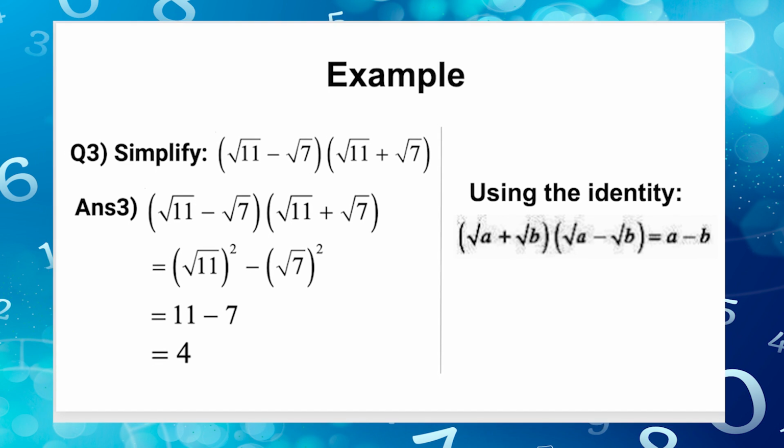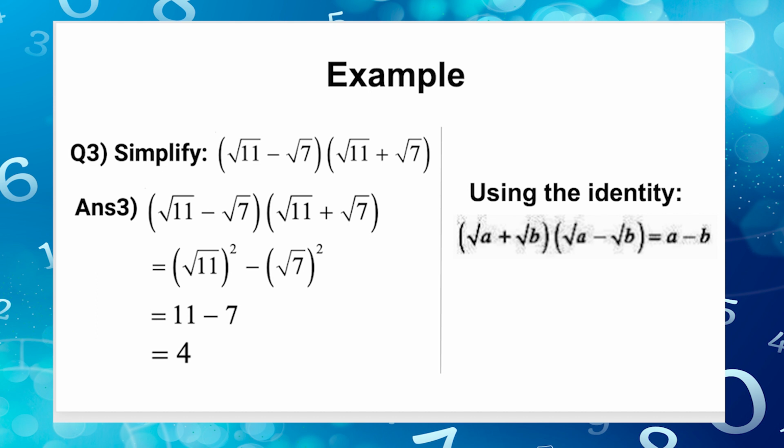Now, let's take another example based on another identity. Simplify root 11 minus root 7 into root 11 plus root 7. Using the identity root A plus root B into root A minus root B gives A minus B. I hope you must have observed similar identities in your previous class.